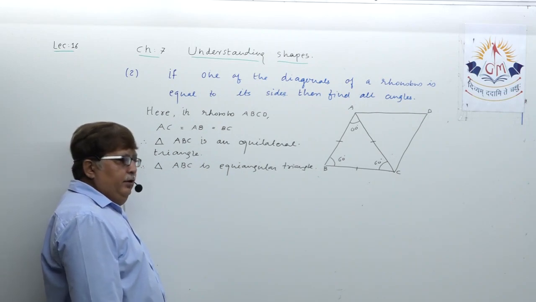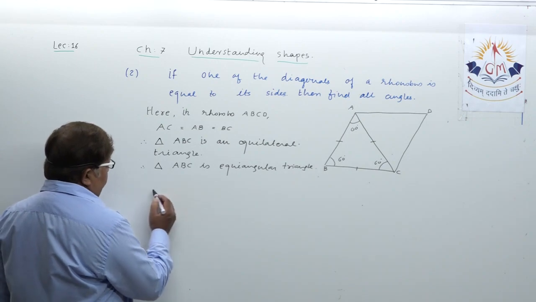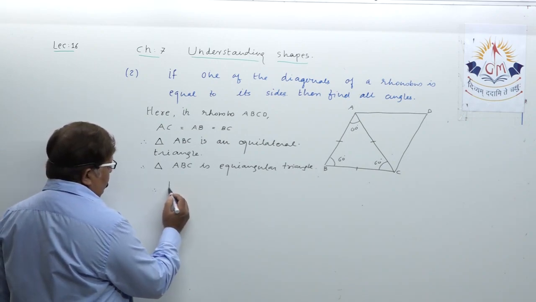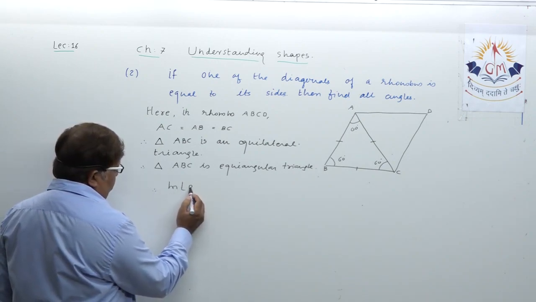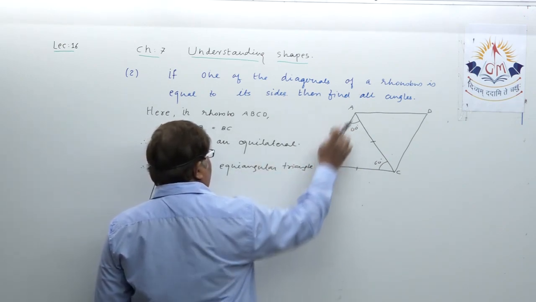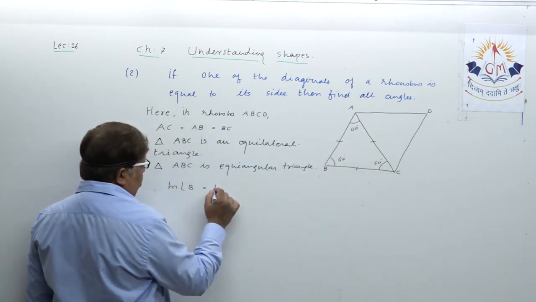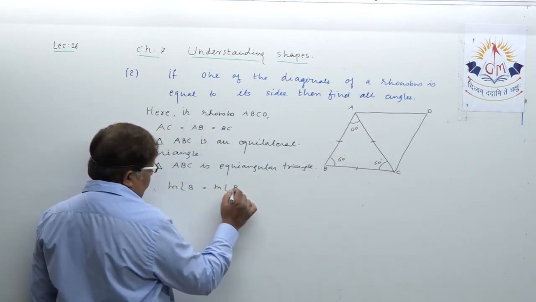Is it clear in your mind? Okay, you can mention this way. Therefore, measure angle B, and how can you name this angle, BAC? This is ACB, equal to measure angle BAC.